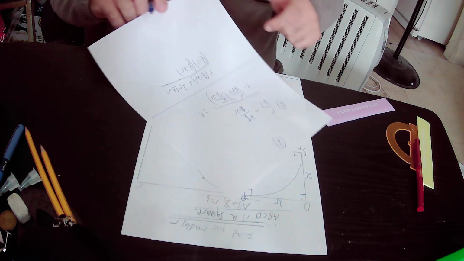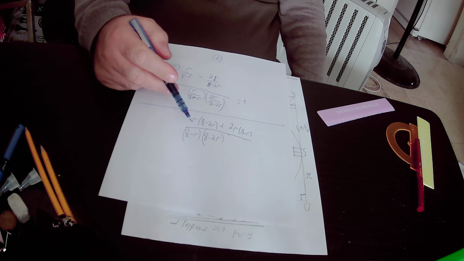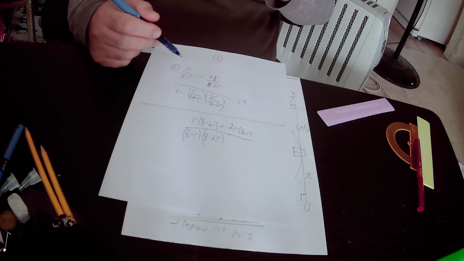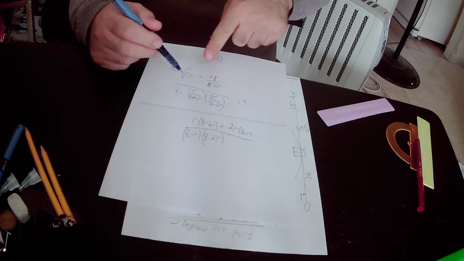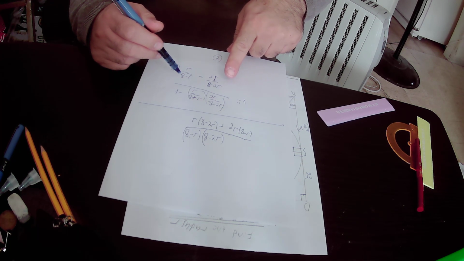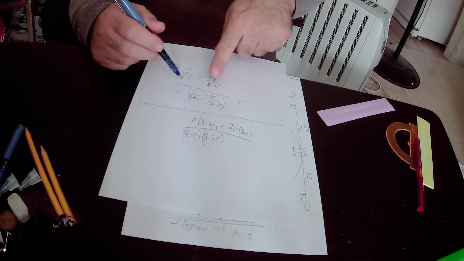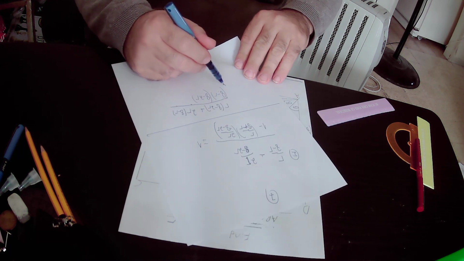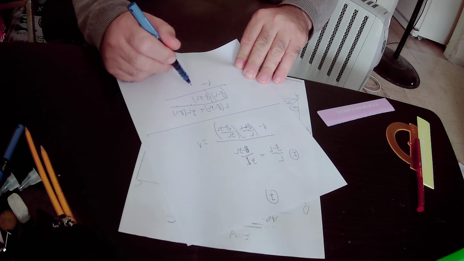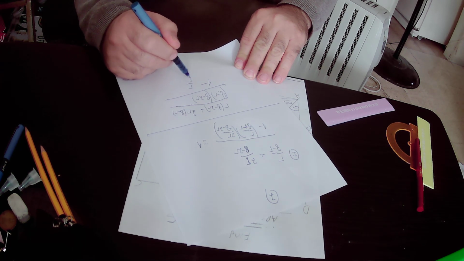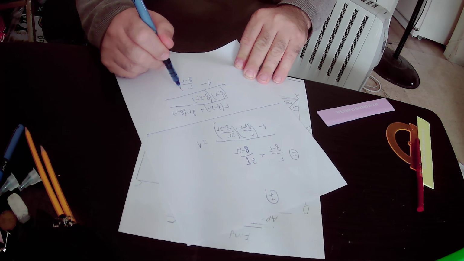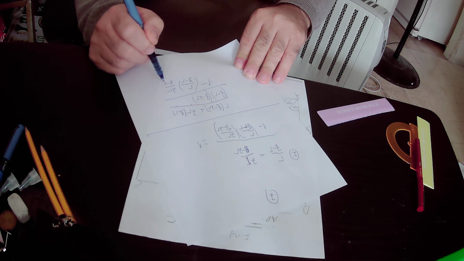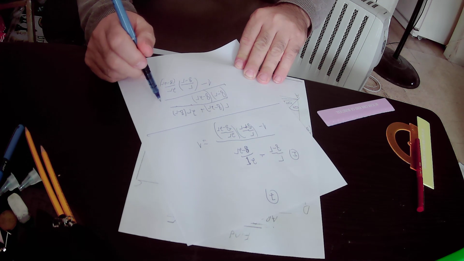So as you can see, this expression is exactly equal to these expressions in the numerator, and then we will divide it by 1 minus this expression. All equals to 1.